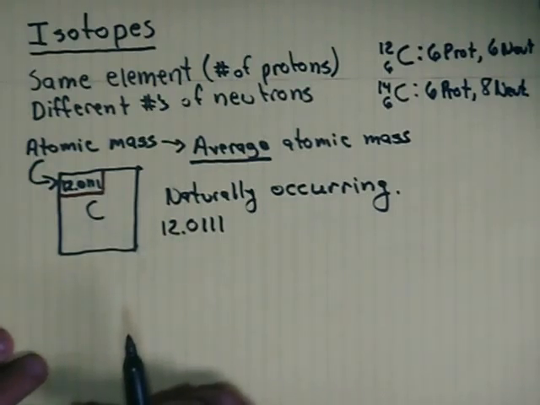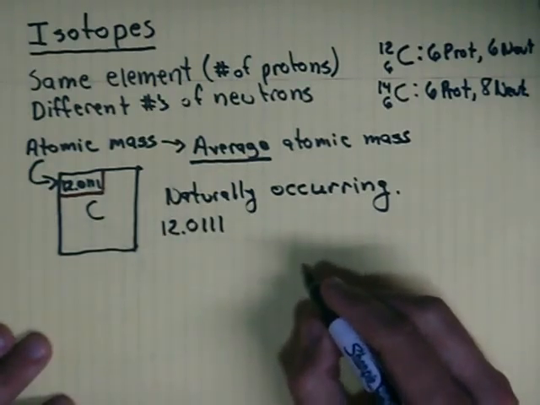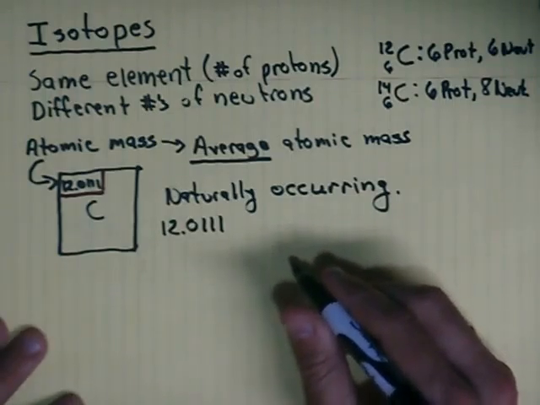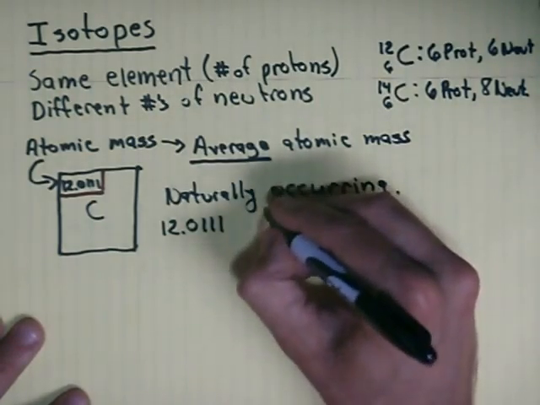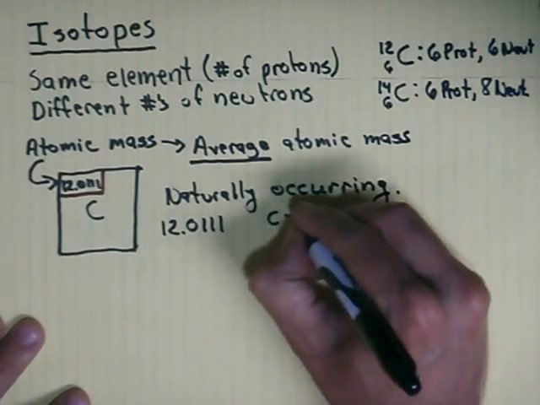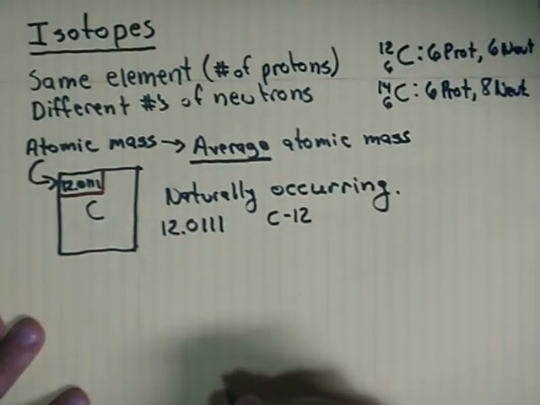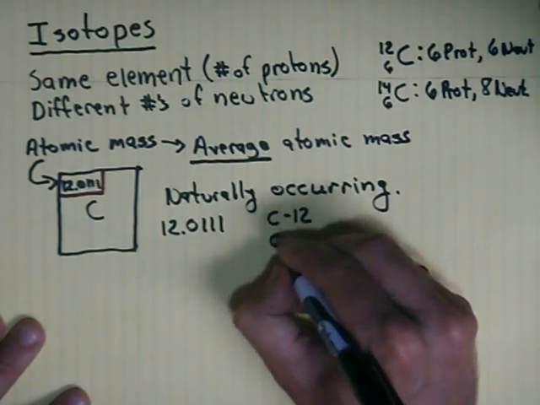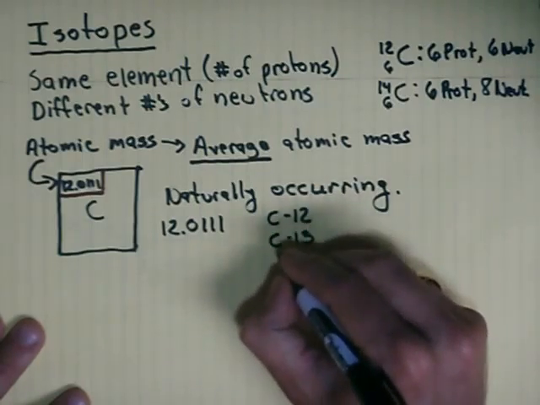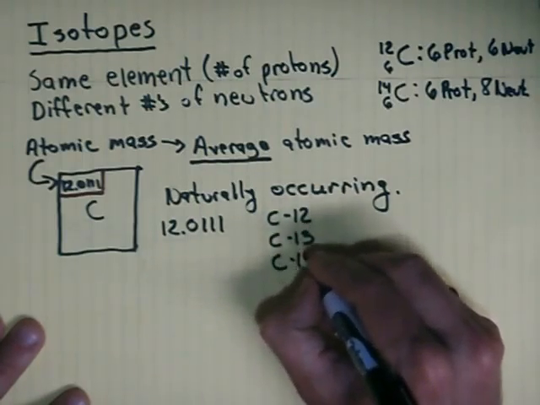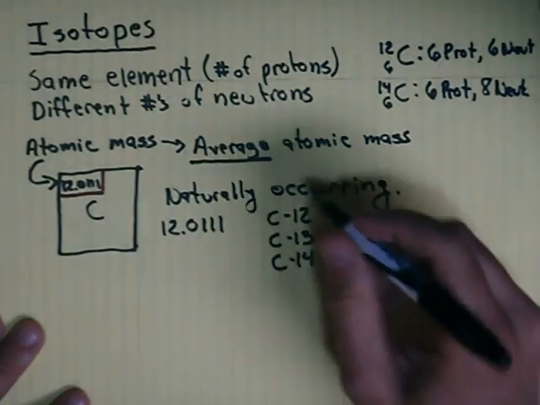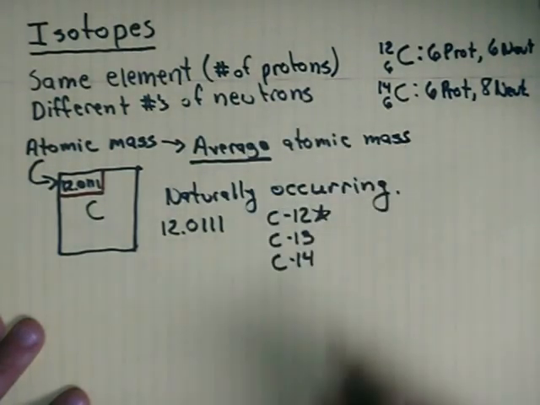What that tells us is that almost all the carbon that we find in nature is going to be carbon-12. We'll find a tiny bit of carbon-13 and a little bit of carbon-14. But it's almost all going to be 12.